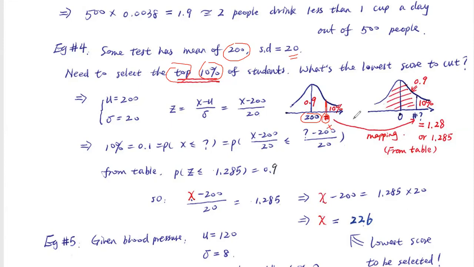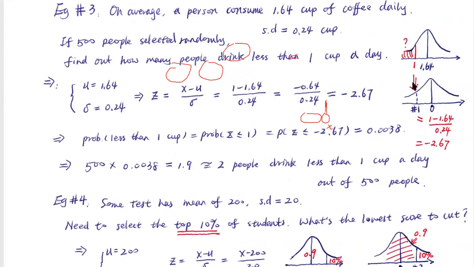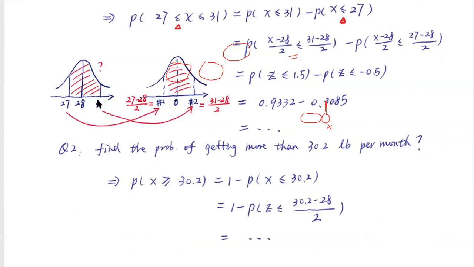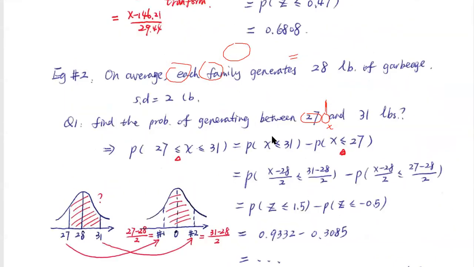If you compare this example with our previous example, this part is more tricky. In the previous example, we were always given x, like this number here, we started from 1. The other example, we have 27, 31, and then 30.2, those are all different x.